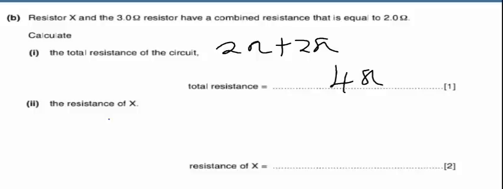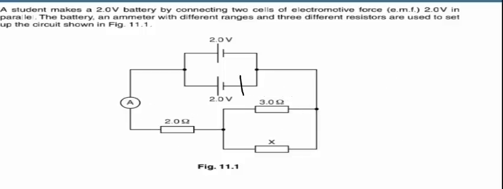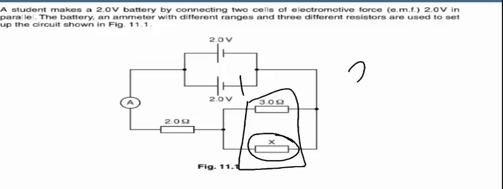Then as for Roman numeral number 2, it is saying the resistance of X. So now we know that, let me just bring you back here. It is asking us to calculate the resistance of X. Now previously the question was saying the total resistance of these two here is just 2.0 ohms.